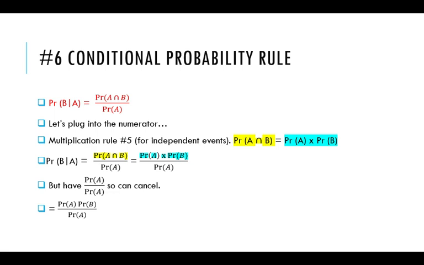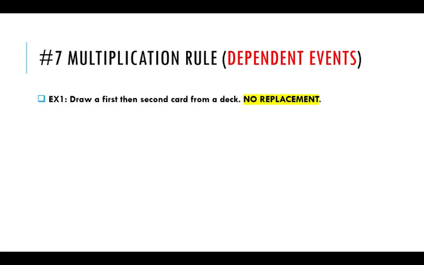So let's go back to this equation, cancel out our form of 1, and do you agree that we are left with simply probability of B? So if we have independent events where A has nothing to do with B, when I calculate the probability of B given A, the given part does not matter. It's irrelevant. It's just the probability of B. All right.